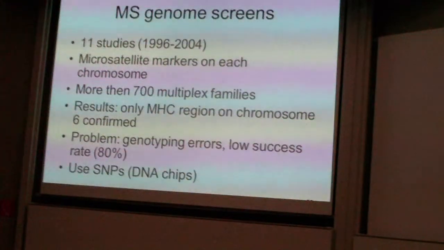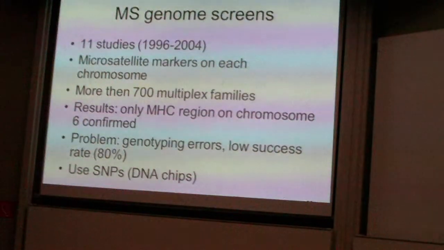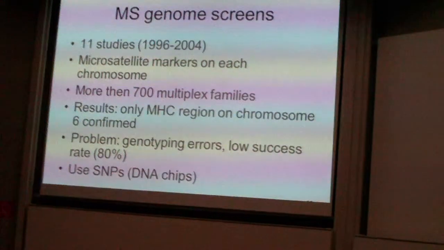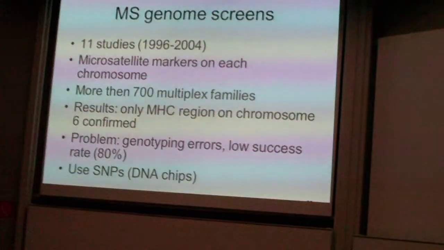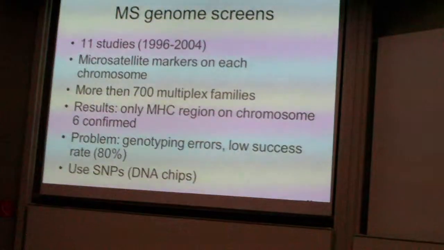Actually there were, I think, over 11 important studies published from 1996 to 2004, usually with multiplex families, so one or two patients in small families, using microsatellites, the STRs, the polymorphisms where you have length variation.